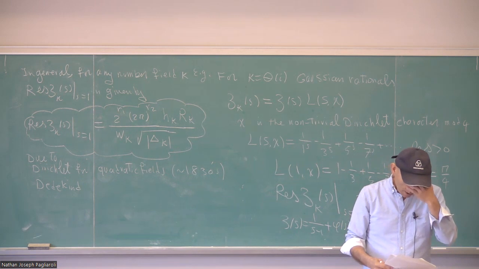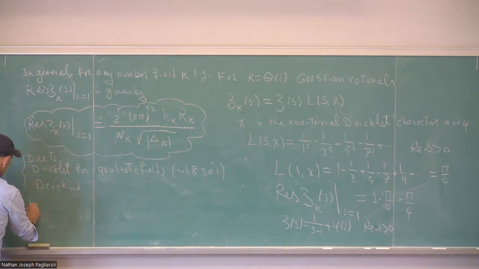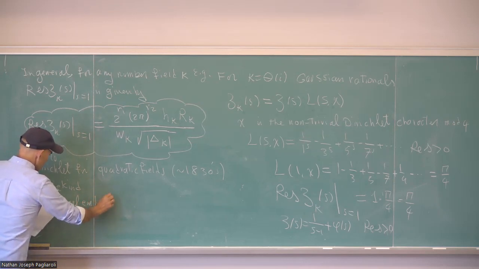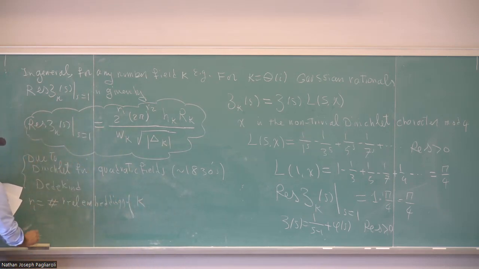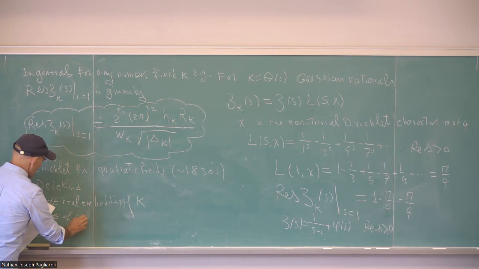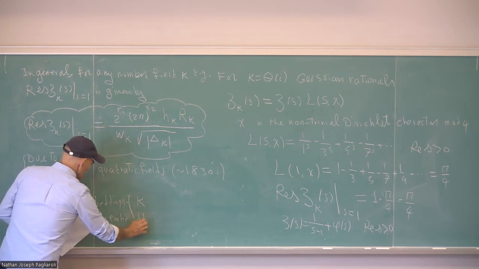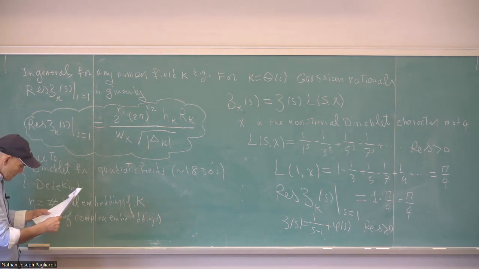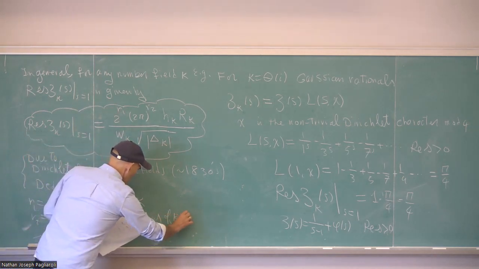So, now, R1 is the number of real embeddings of K, and R2 is the number of complex embeddings of K divided by 2.